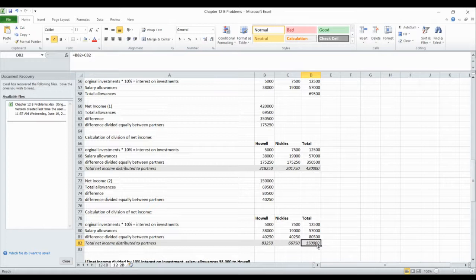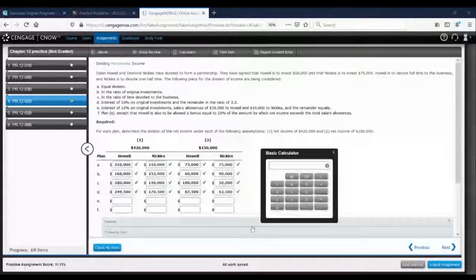I'm going to stop sharing and I'm going to bring up Cengage. So bear with me just a second. So you should be able to see Cengage once again. For part E, for $420,000, Hal got a share of $218,250.